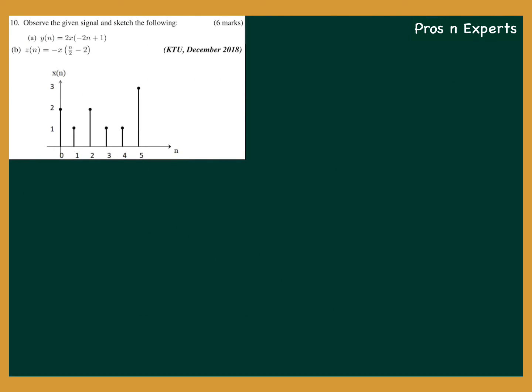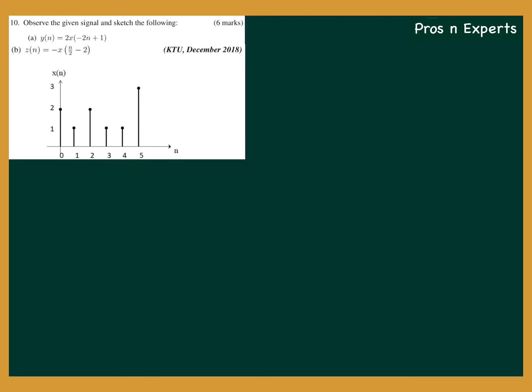Alright, the next question is to observe the given signal and sketch the following y of n and z of n. There are two questions, and you are given x of n. So here x of n is a discrete time signal.